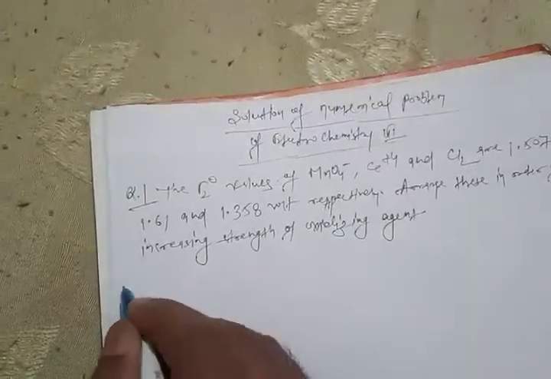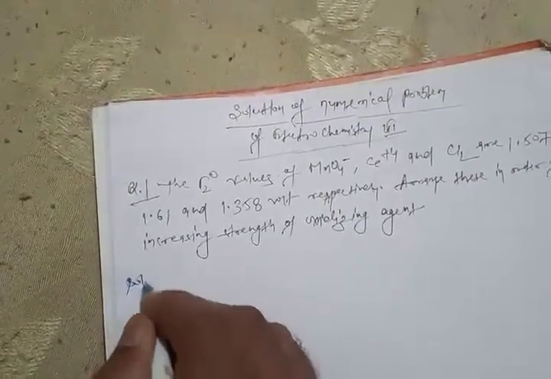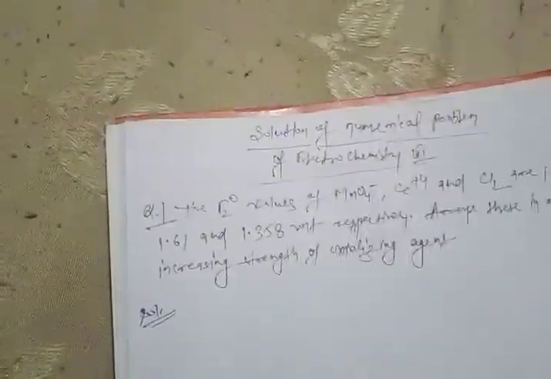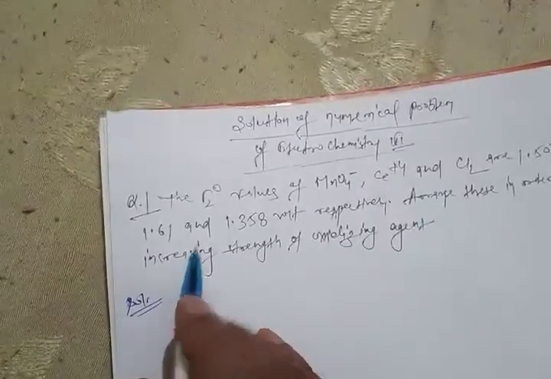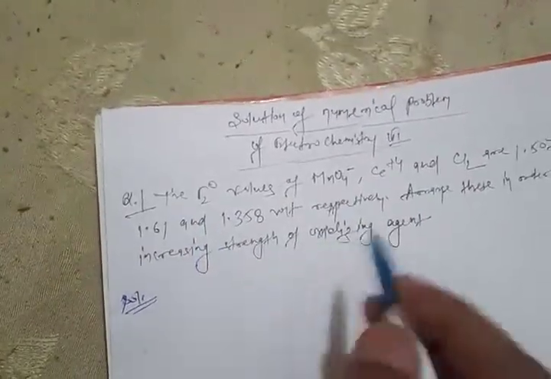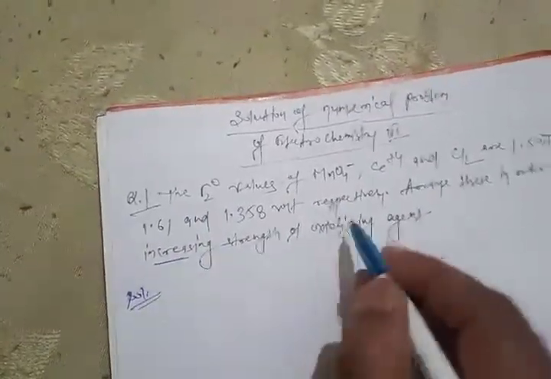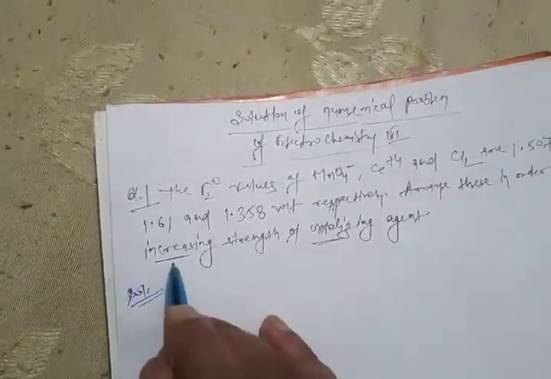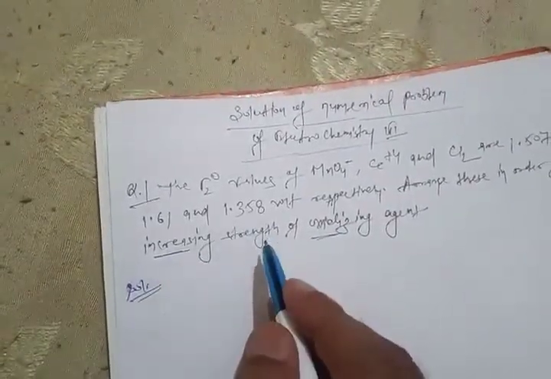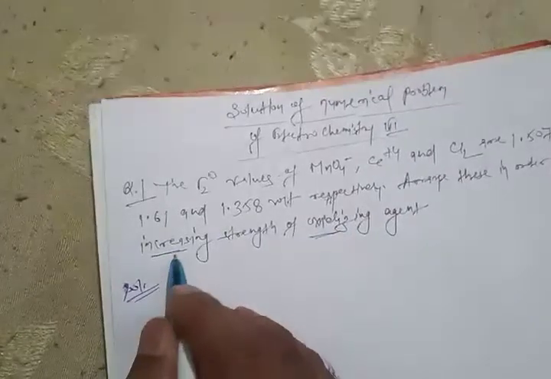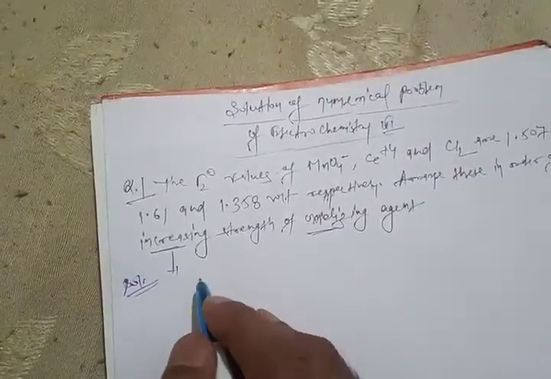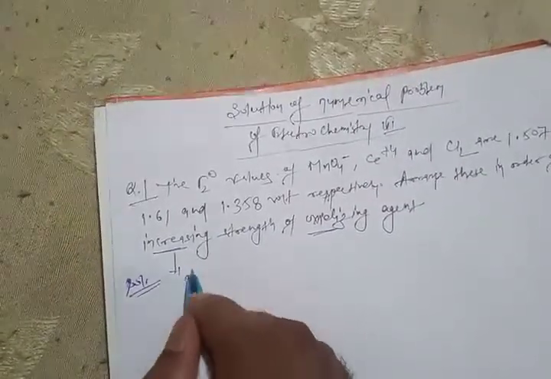The solution. The question says you have to arrange these into increasing order of oxidizing nature, or we can say a decreasing order of reducing agent.